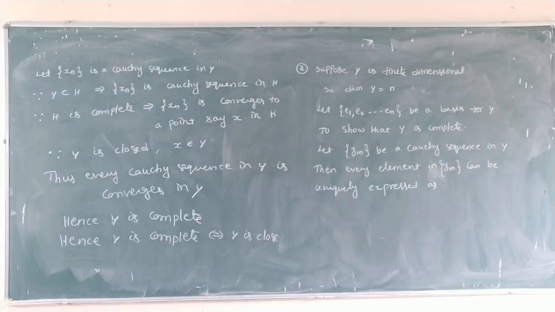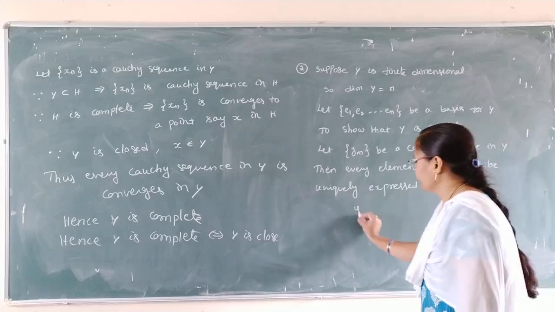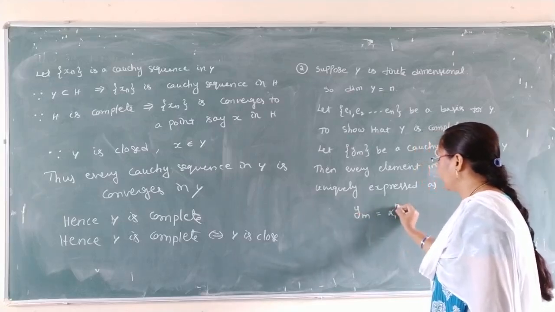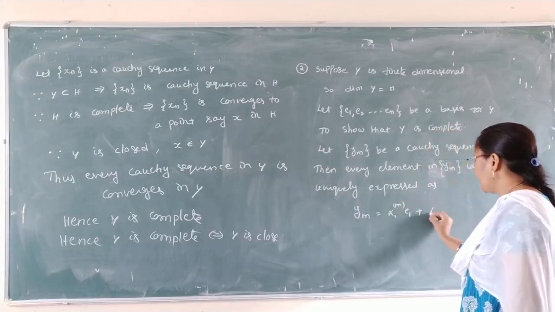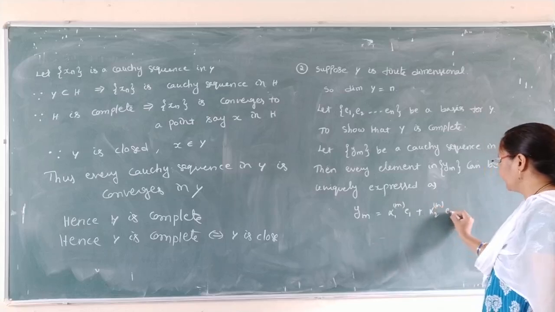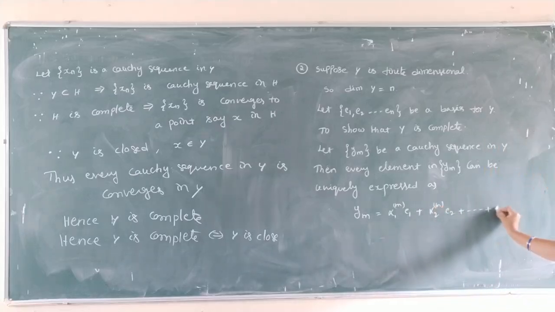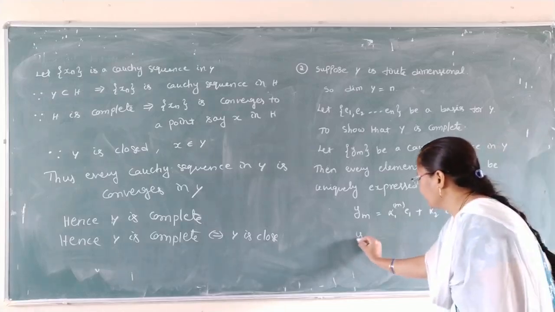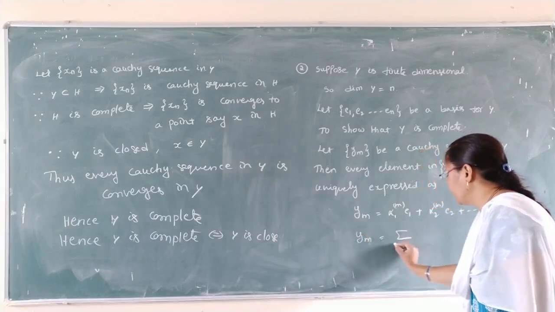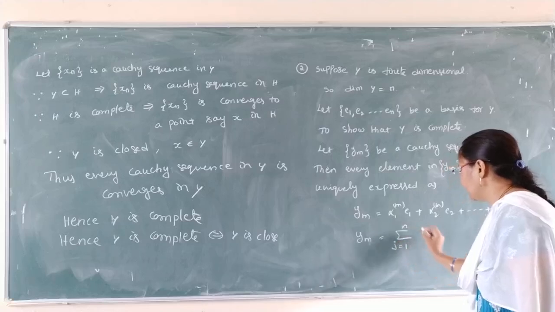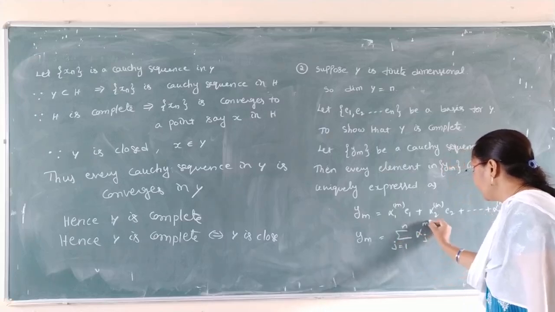So ym is equal to alpha 1m E1 plus alpha 2m E2, and so on, plus alpha nm En. This is the linear combination. The same thing can be written in summation form: ym is equal to summation j equals 1 to n of alpha jm ej.